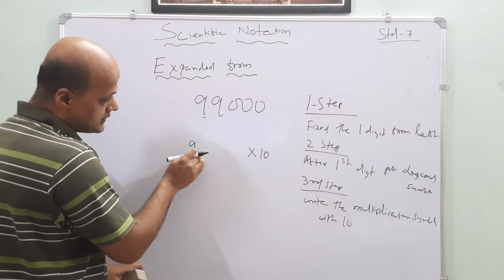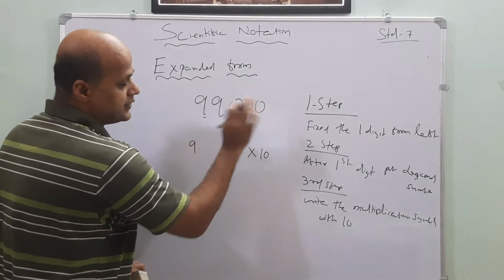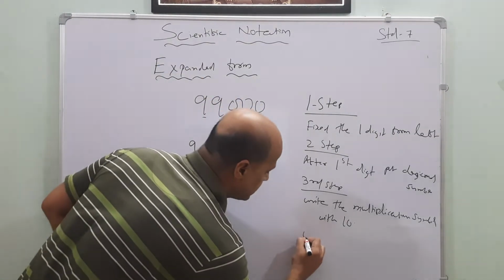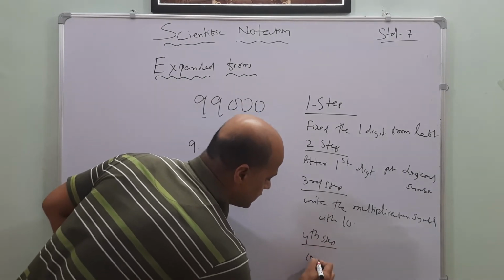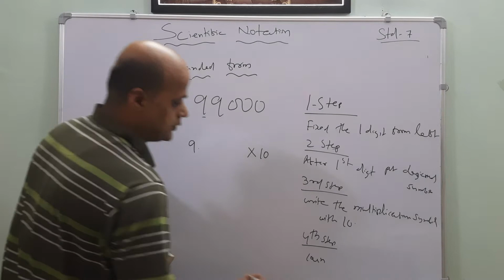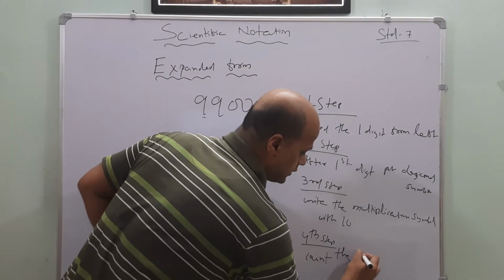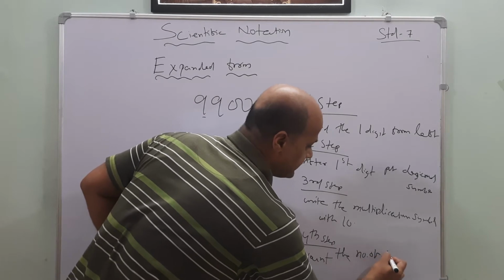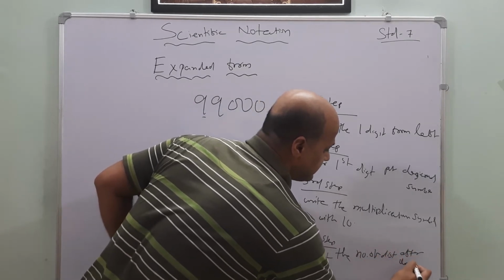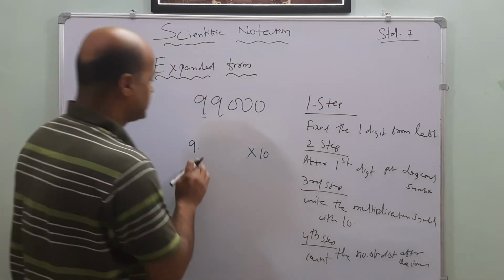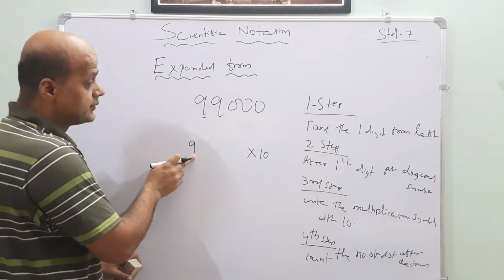Now after the first digit, the decimal will come. Next, count the number of digits after the decimal. The fourth step is to count the number of digits after the decimal, which means after you keep the decimal sign.